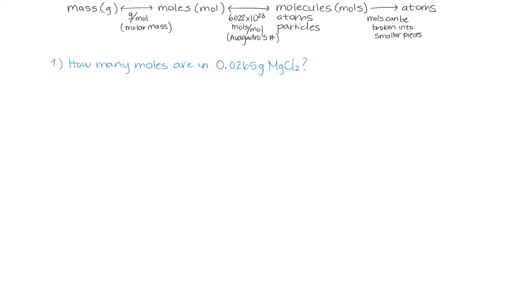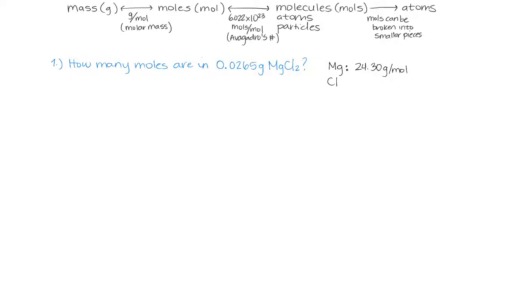Number 1, how many moles are in 0.0265 grams of magnesium chloride? To convert from grams to moles, we're going to need the molecular weight of magnesium chloride. To do that, we will use the periodic table. So let's find out the mass of a magnesium, according to the periodic table, is 24.30 grams per mole.